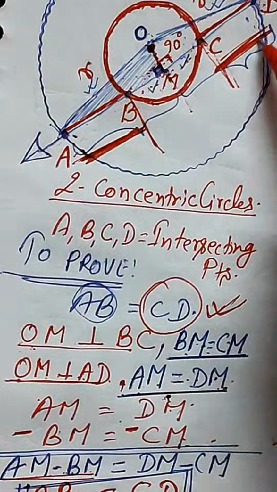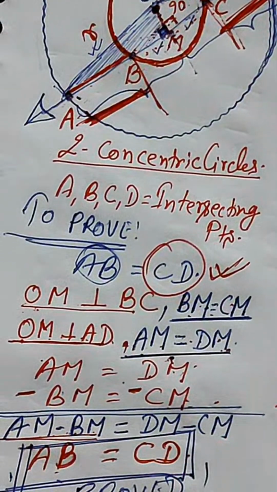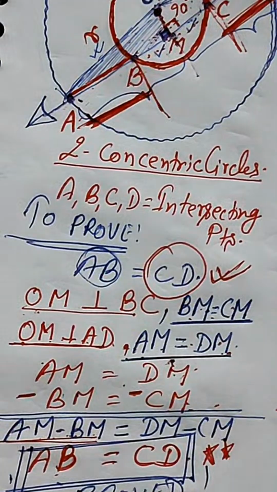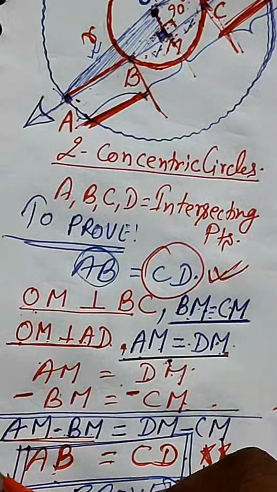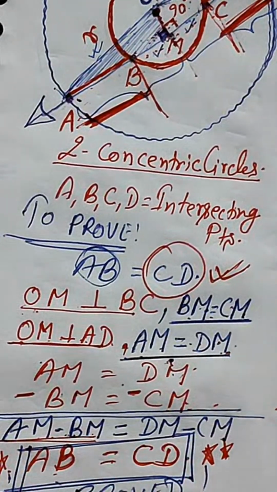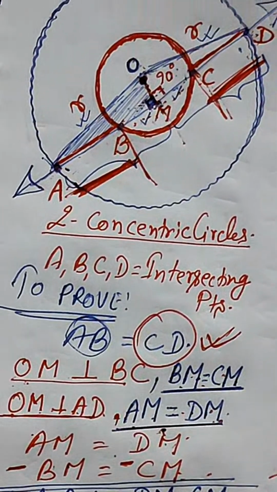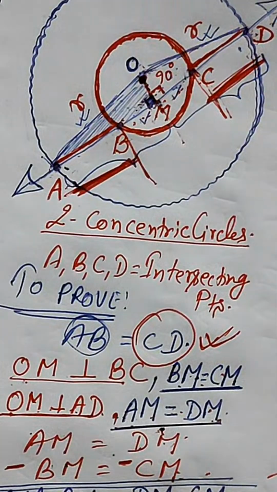You can see this one. So in this way we have proved AB equal to CD, isn't it? In this way we have proved AB equal to CD, and hence it is proved, right? I hope you understand the question very clearly.